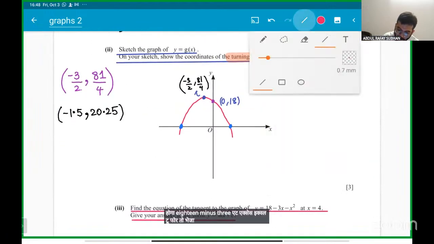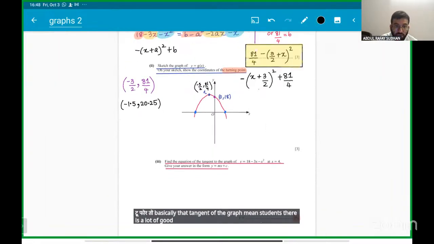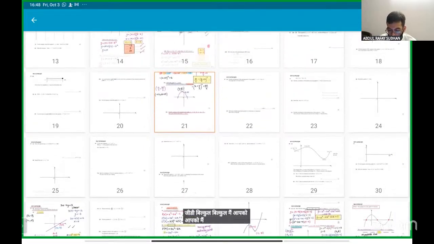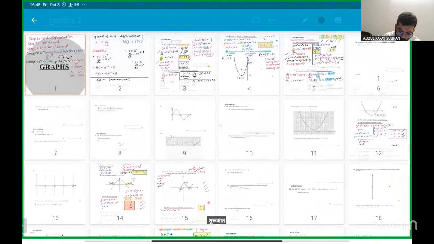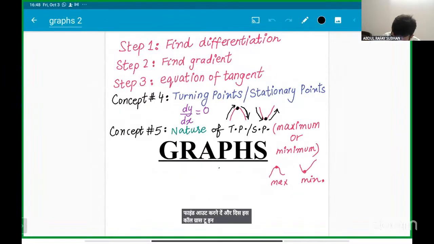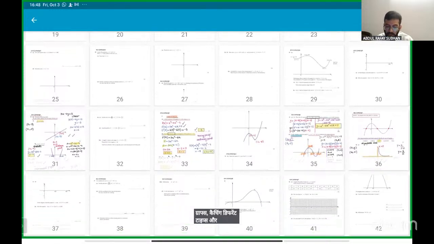तो basically the tangent of the graph means, students, there's a lot of good concepts. जी जी बिल्कुल, I'm telling everyone, just as the session ends, मैं आपको ये पूरा ग्राफ्स वन तो ऑलरेडी अवेलेबल है, जिसमें बेसिक ग्राफ स्केचिंग थी, टेबल कंप्लीट करना था, सॉल्यूशंस फाइंड आउट करने थे. और this is called Graphs 2, ये ग्राफ्स टू है, ग्राफ्स नंबर टू. और इसके अंदर आपको डिफरेंशिएशन के रिलेटेड ग्राफ स्केचिंग, डिफरेंट टाइप्स ऑफ ग्राफ स्केचिंग, ये सब करनी है.